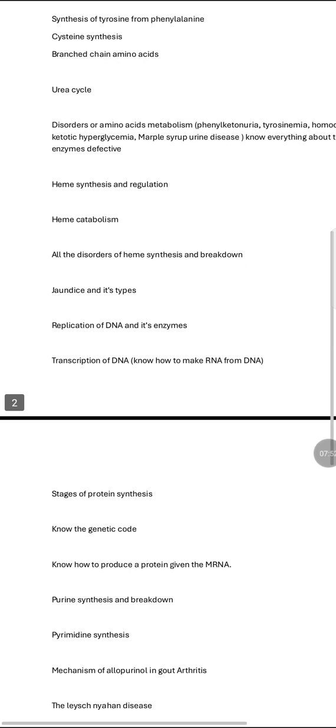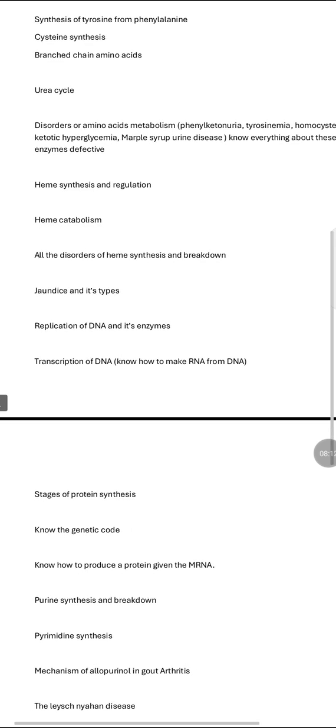Urea cycle. Know how to explain the urea cycle and the stages, the steps of urea cycle, as well as take note of CPS. Okay. Carbamoyl phosphate synthetase 1, which is the first enzyme that is involved in the urea cycle. Right?